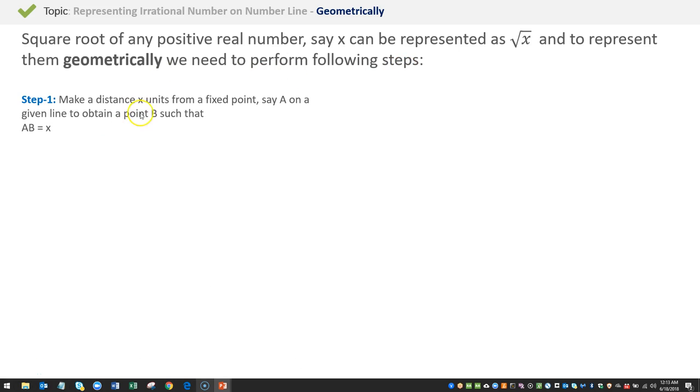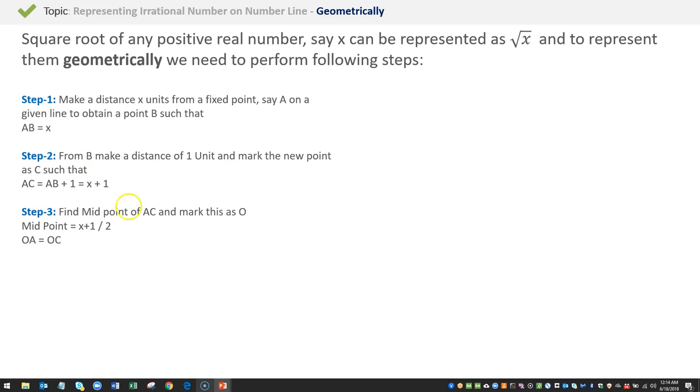Step 1. Make a distance x unit from a fixed point, say A, on a given line to obtain a point B such that AB equal to x. Then from B, make a distance of 1 unit and mark the new point as C, such that AC equal to AB plus 1, and this is equal to x plus 1.